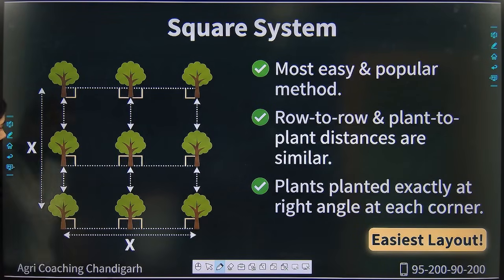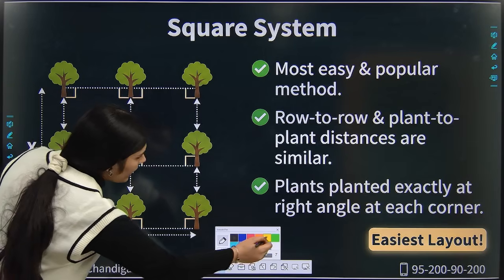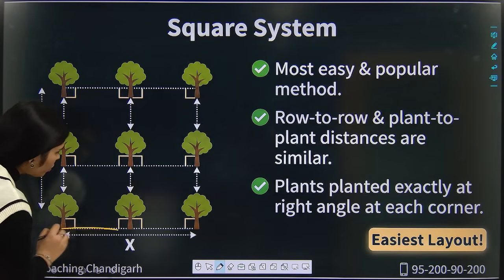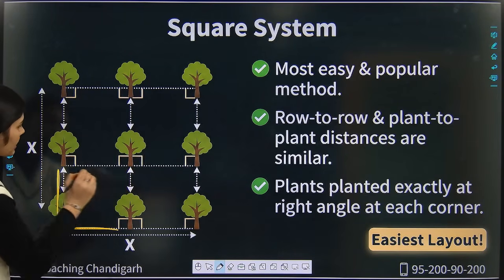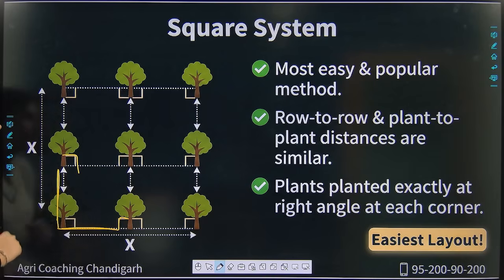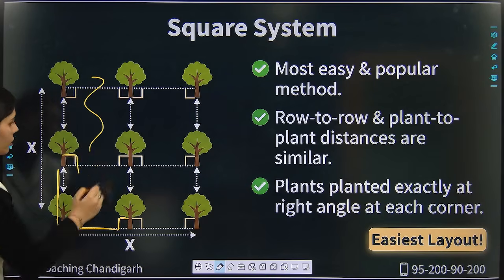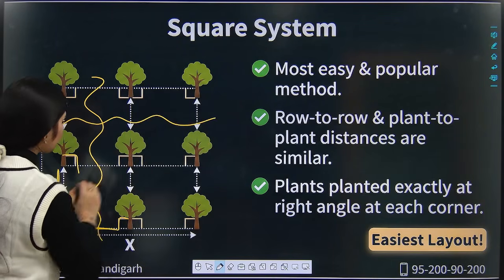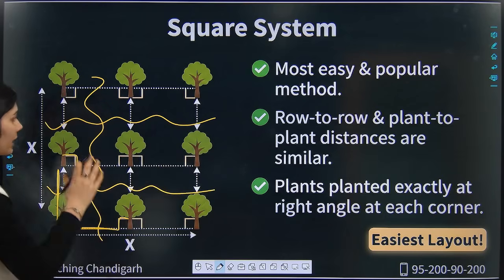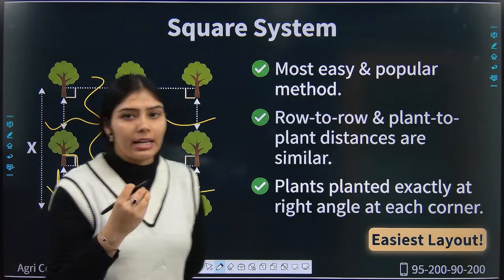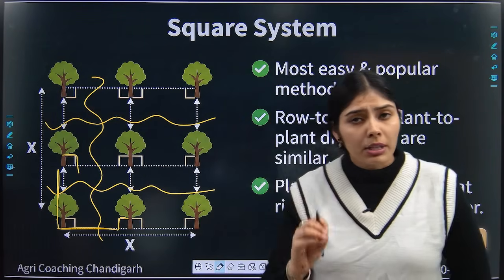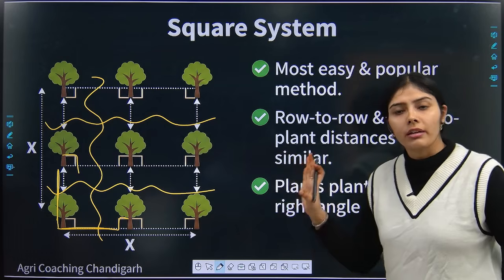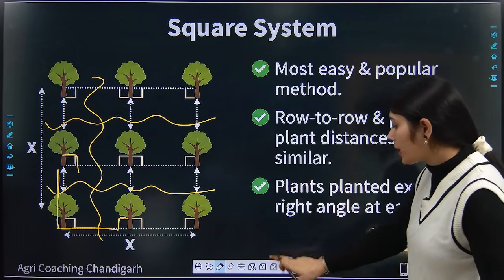As you can see here, all the trees are planted at right angles and the row to row distance and plant to plant distance is same. So we have a lot of space in between as well, and hence it will provide space for intercultivation or intercropping as well. So it is the easiest method of layout and the most convenient as well. This is the square system.